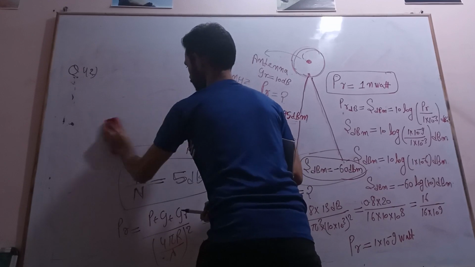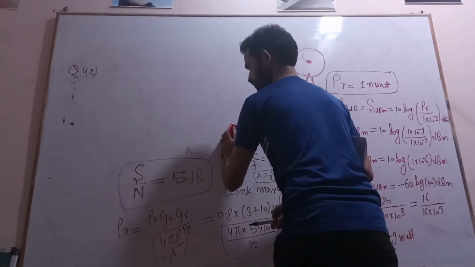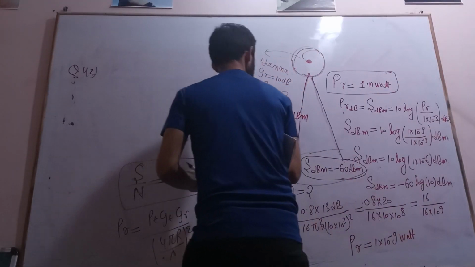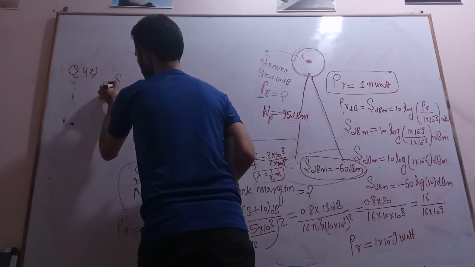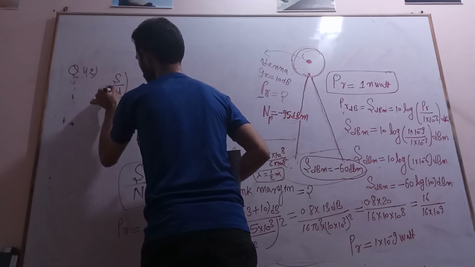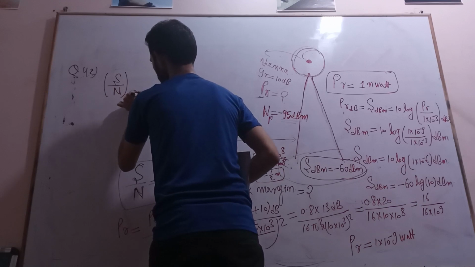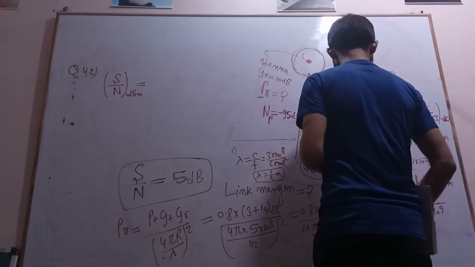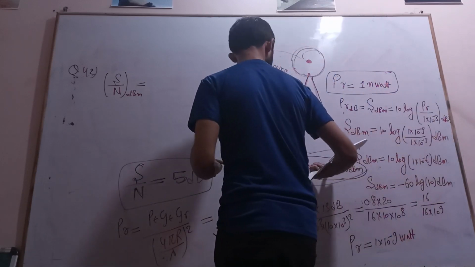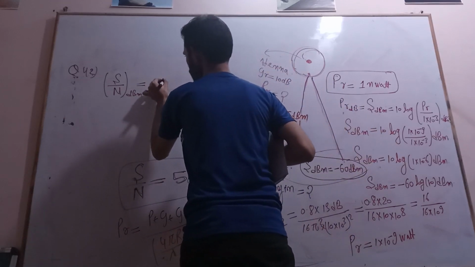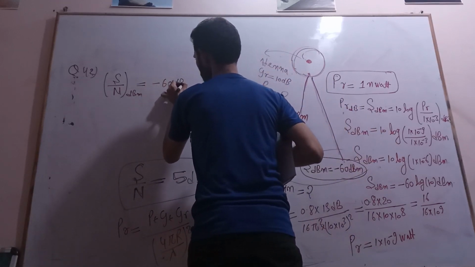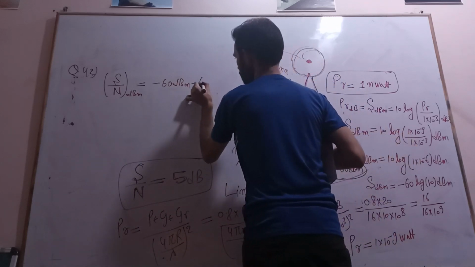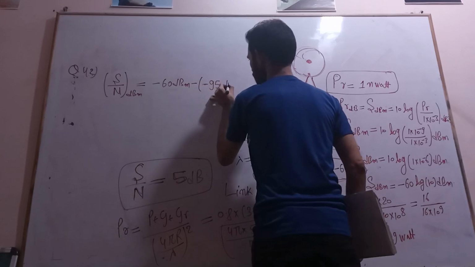Let us see here. Signal to noise ratio is in dB. Signal to noise ratio in dBm is signal power, which is minus 60 dBm, minus noise power, which is minus 95 dBm.